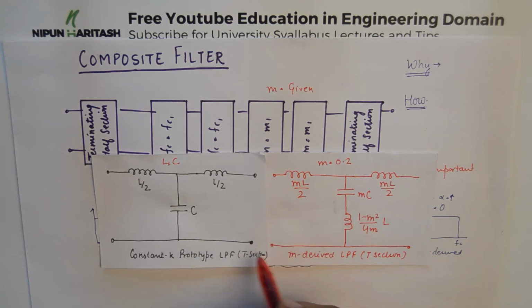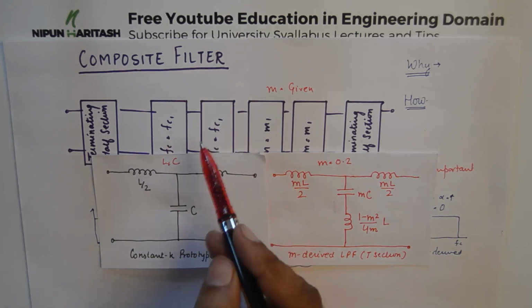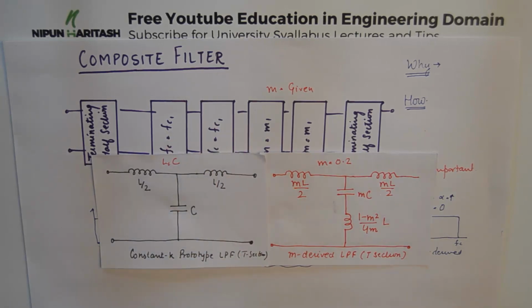We'll find the values of mL by 2 and all these component values using M is equal to 0.2, and now we'll join these. And joining T sections is far easier than joining pi sections, and that is the reason why we always prefer making composite filters using T sections. Now we are done with the K type and M derived filters joining.